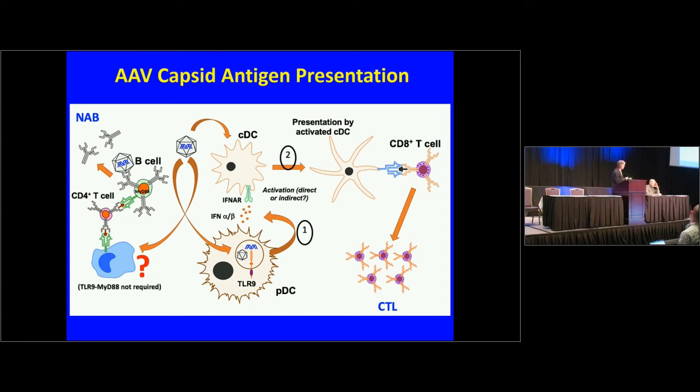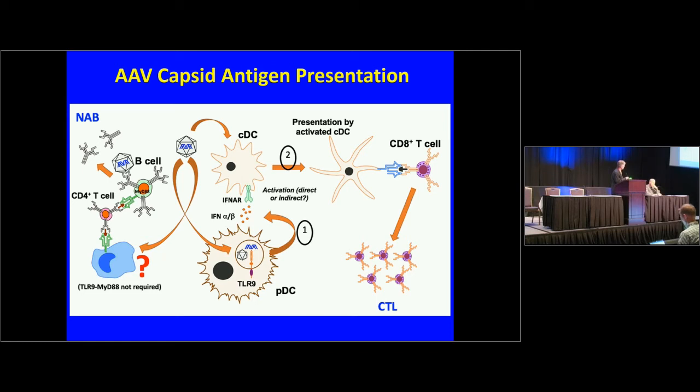And what we believe is happening is that the AAV particle is being taken up by different types of dendritic cells that need to cooperate in order to achieve the cross-priming of the capsid-specific CD8 cell. You need the conventional dendritic cells to present the antigen to the CD8 cell, and you need signals derived from a plasmacytoid dendritic cell, which senses the AAV genome through TLR9.